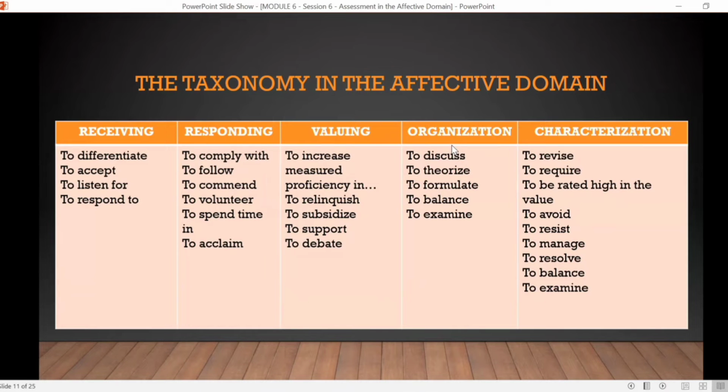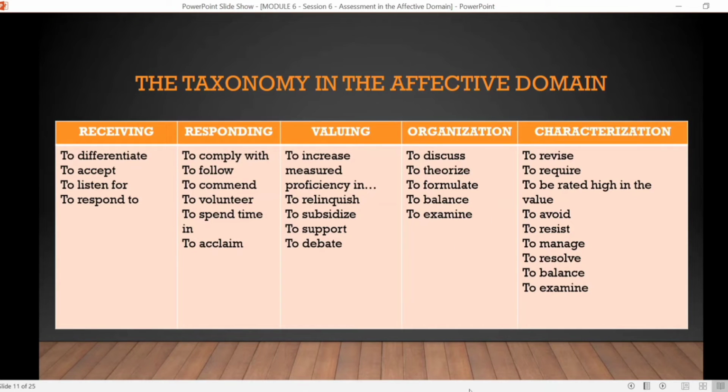Under the organization level, this is the part where you are already analyzing. You are organizing your thoughts. What do you do? To discuss, to theorize, to formulate, to balance, to examine. Under organization, I repeat, you already have the awareness. You already responded. You already have your stand.